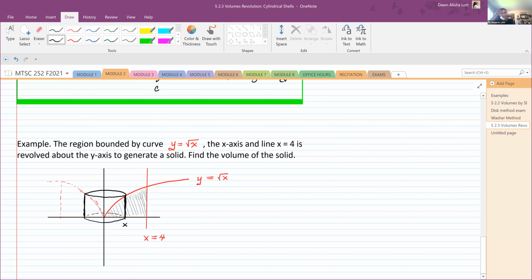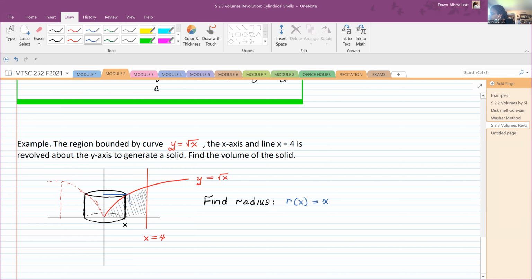So now that I've identified my cylinder, I need to find two things. We need to find the radius of the shell. Well, the radius of the shell is just the distance from the center of the shell to that line, and that distance is just x. So my radius is just x.